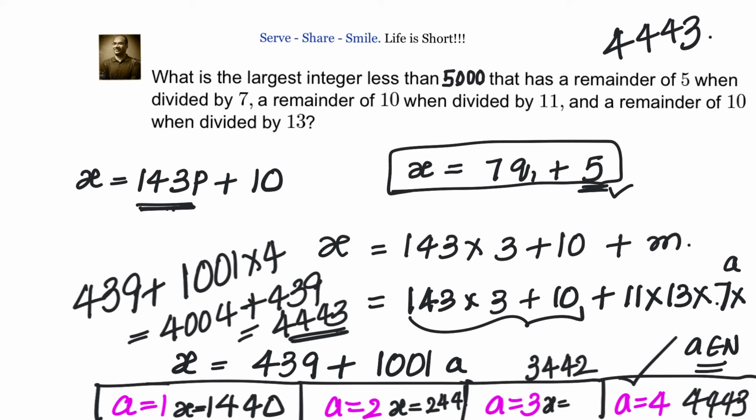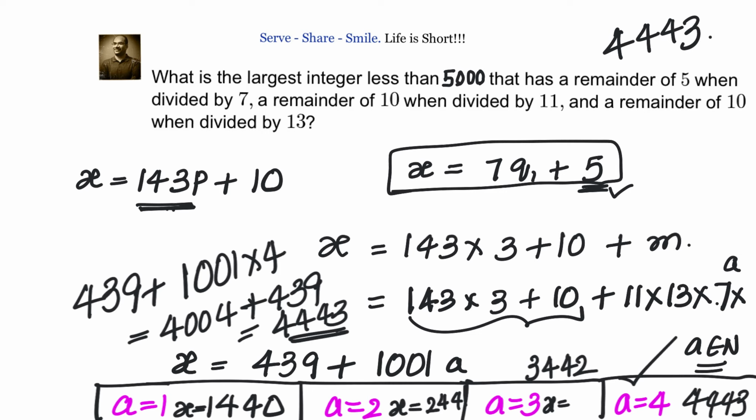So our number should be 439 plus whatever number we are going to add. We know it should be a multiple of 143. Not only that, it should be a multiple of 7 also, because the remainder we want to keep as 5 only when divided by 7. That means the number we add should be divisible by 7 completely.